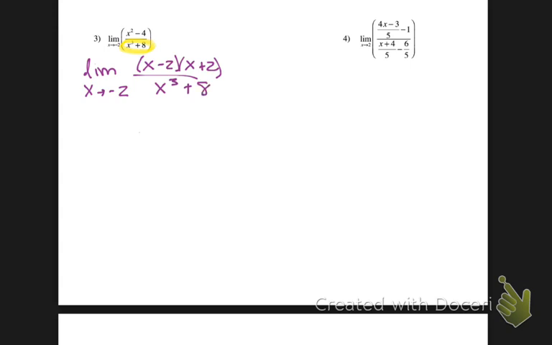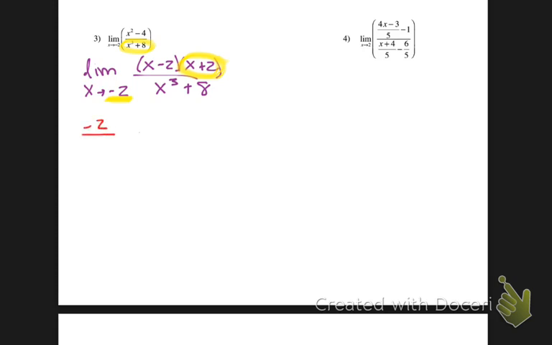So the issue is being caused with this x plus 2 in the numerator. That's where a 0 is coming from when I plug in negative 2. So we're hoping that there's a factor of x plus 2 in the denominator as well, so that we can cancel those out and get rid of our issue. So that's the factor that I'm going to use for synthetic division.